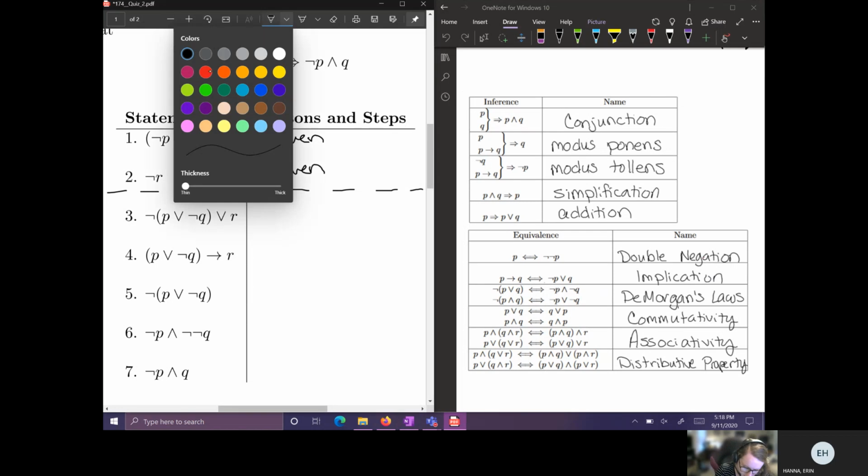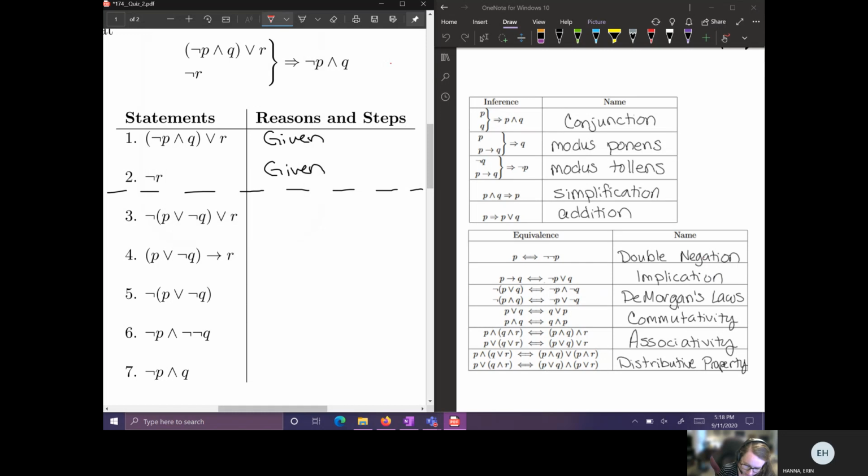But what are some of the differences between line 1 and line 3? In line 1, we have an or R in the back, and we have the same thing in line 3, so these are equivalent. They didn't change at all. But in the front, our not P changed into a regular P, and our Q changed into a not Q. And the sign in the middle changed.